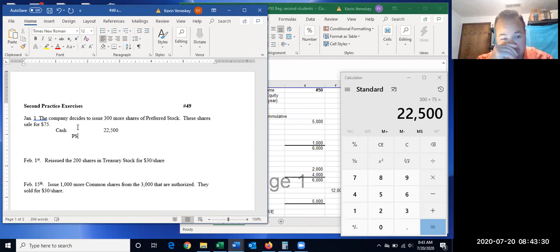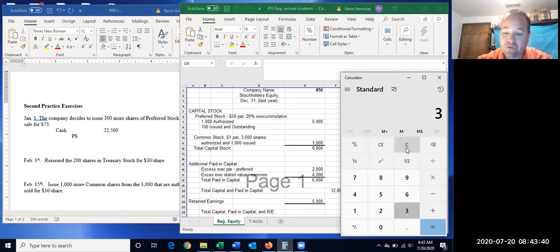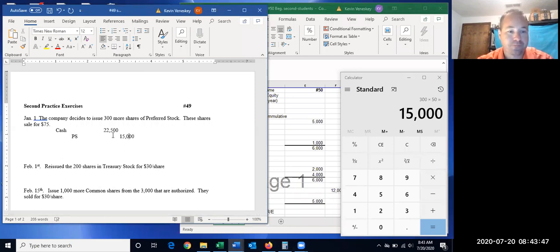And we're going to credit our preferred stock. Remember, the preferred stock had $50 par right here. So we simply take 300 shares times 50 par, which is 15,000, and credit additional paid-in capital for whatever's left. If you do the math there, that's 7,500.